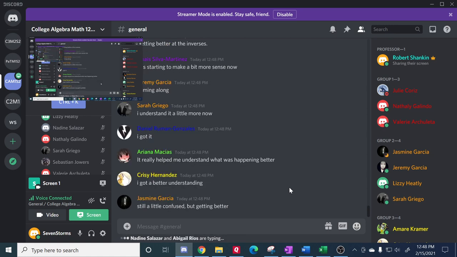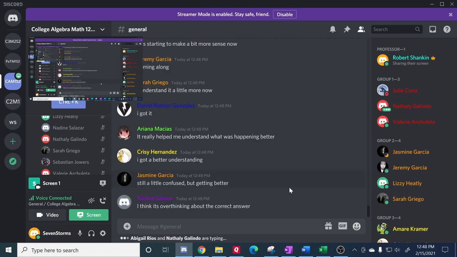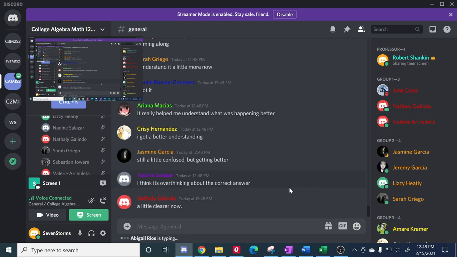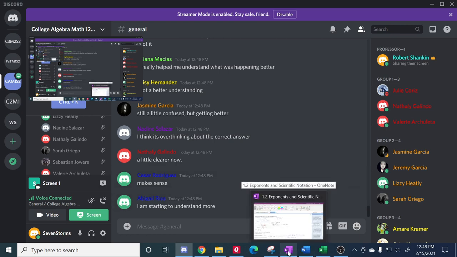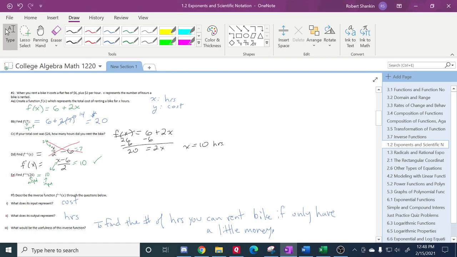Okay, so inverses, it kind of depends on how you look at them. It's like climbing up a ladder, climbing down a ladder. It completely undoes the function, as if nothing had ever happened. But it also just kind of reverses the order of things. Instead of inputs to outputs, it takes what was the output and sends it back to the input.